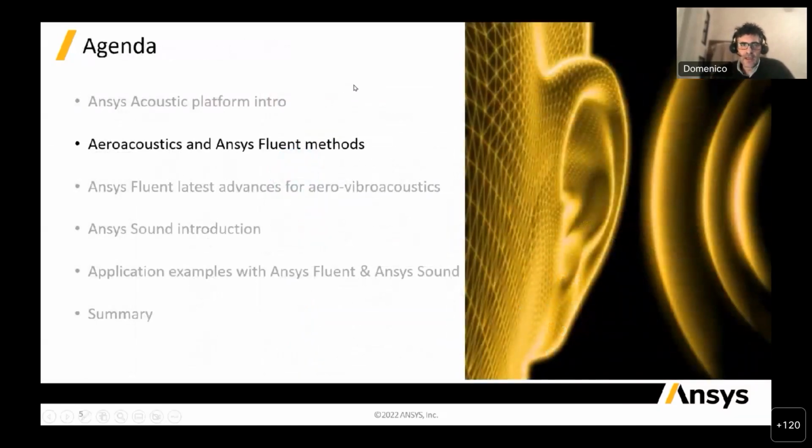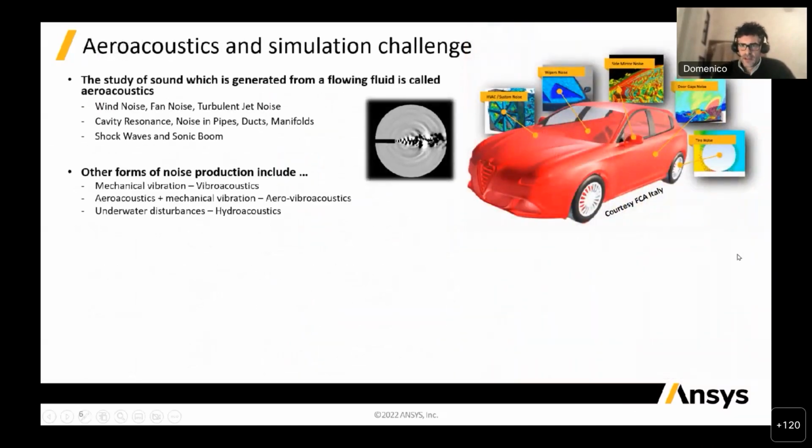So now I will just have a really brief introduction about acoustics, aeroacoustics, and about some terminology that we will use also later on. For aeroacoustics, with this term, we really mean the sound which is generated by the interaction of a moving fluid flow and any object, or even just the sound generated by the fluid flow itself, like self-generating noise.